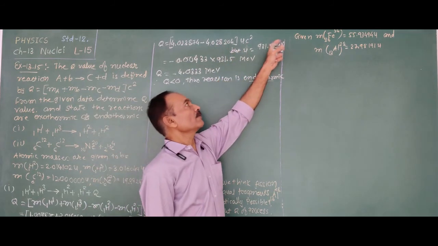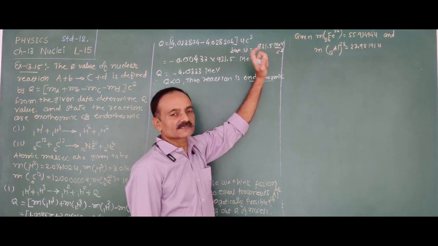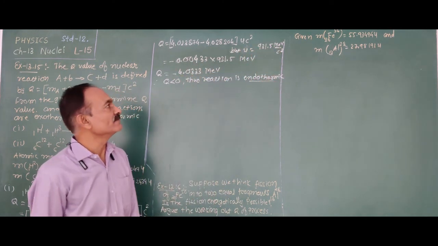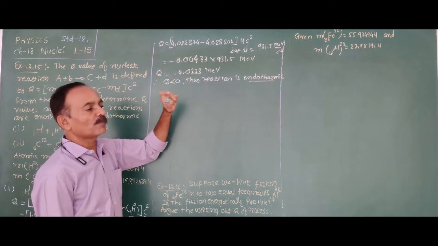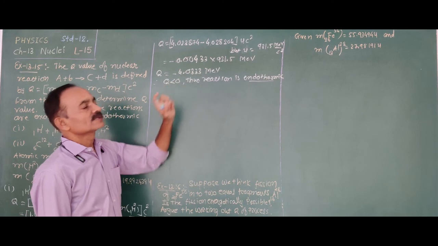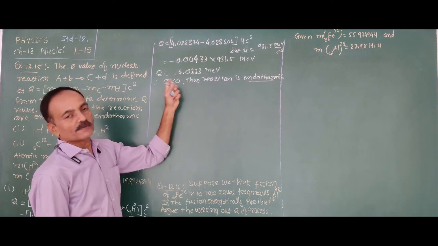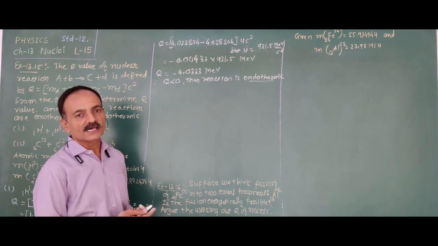The unit of u is MeV upon c square, into c square, the c squares cancel. Therefore, we obtain the unit as only MeV. Thus we obtain Q is equal to minus 4.0333 MeV. So the value of Q is negative, therefore the reaction is endothermic.